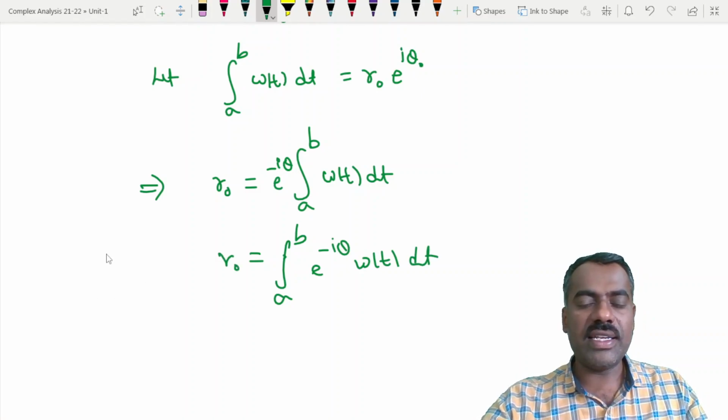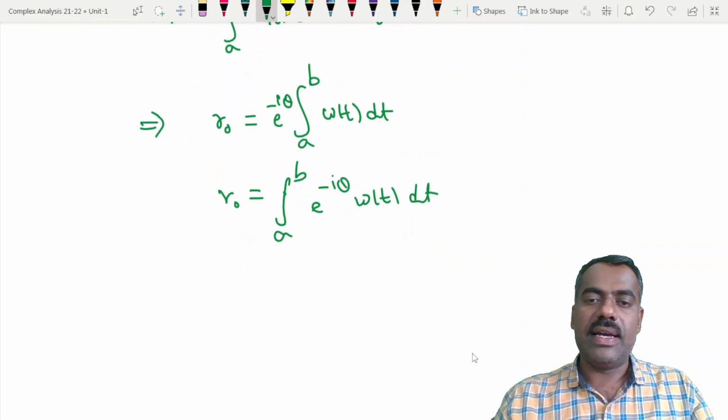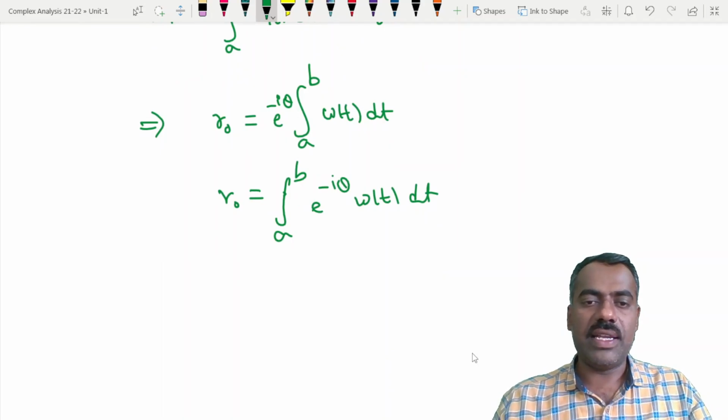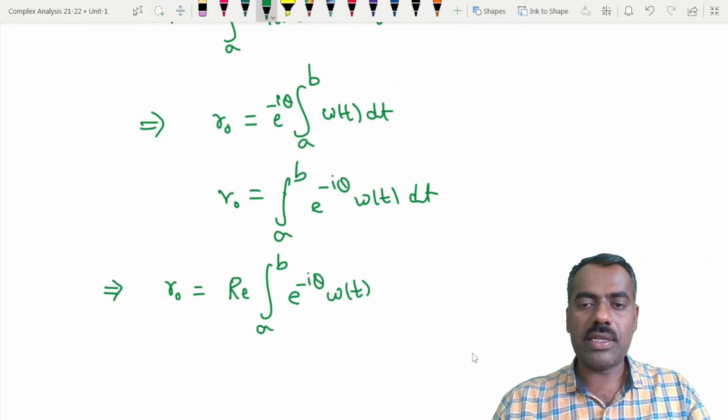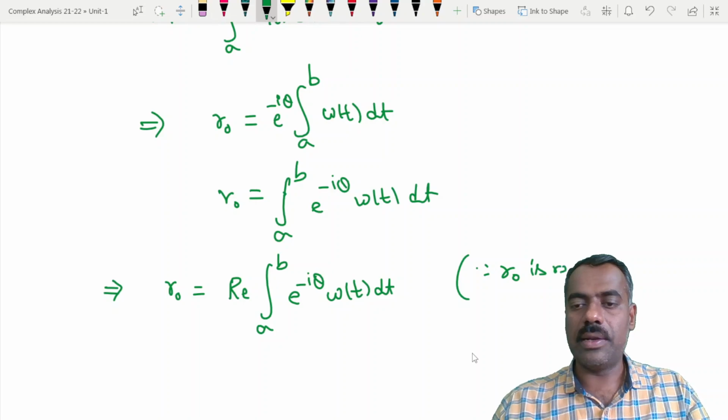Remember, this r naught is a real value, and this integration has a real as well as an imaginary part. So this implies r naught is the same as the real part of this integration, because r naught is real.